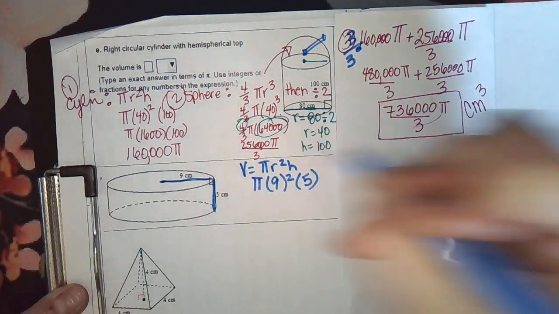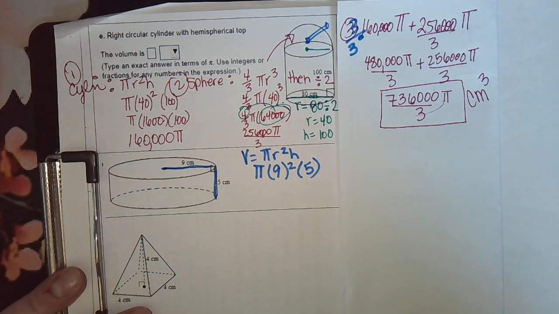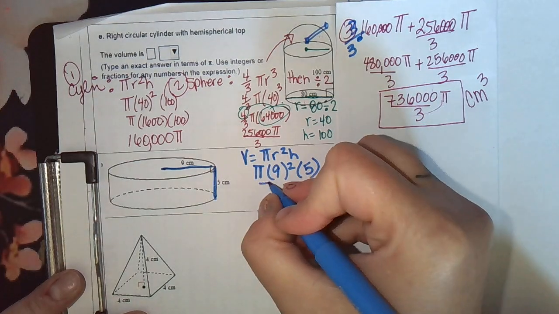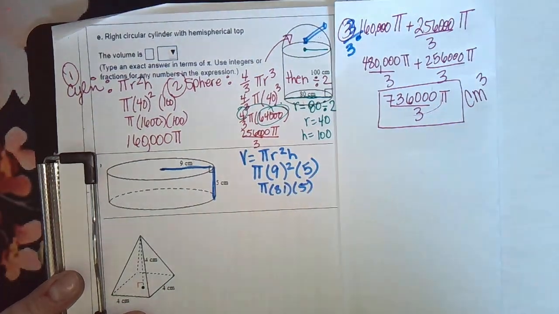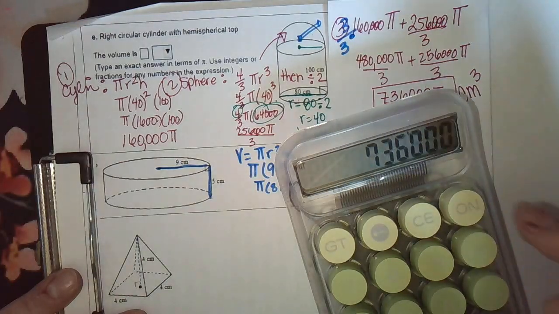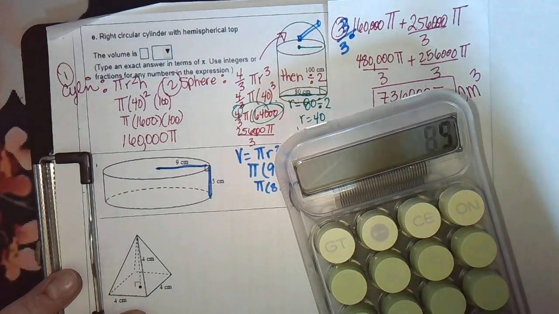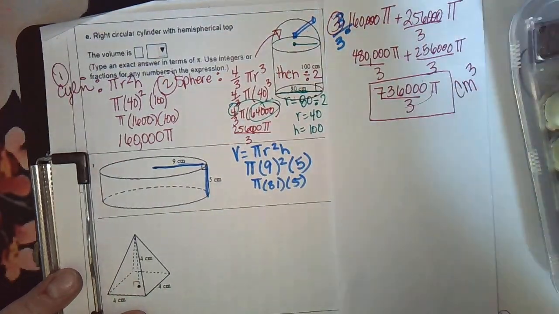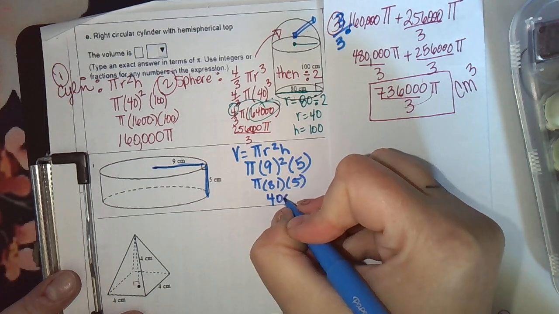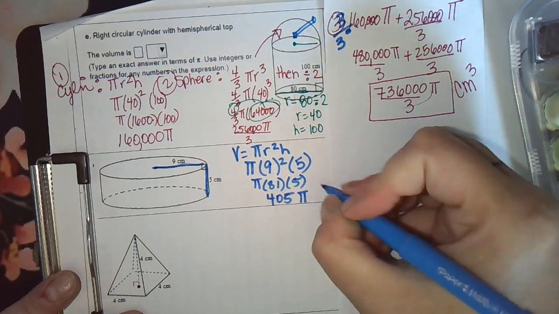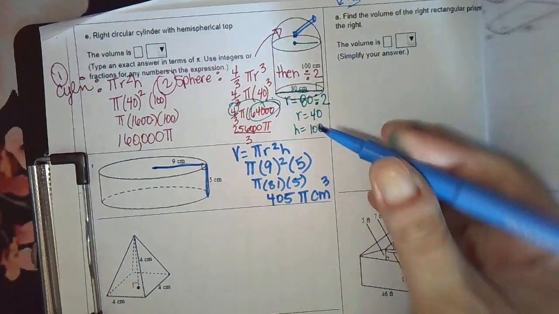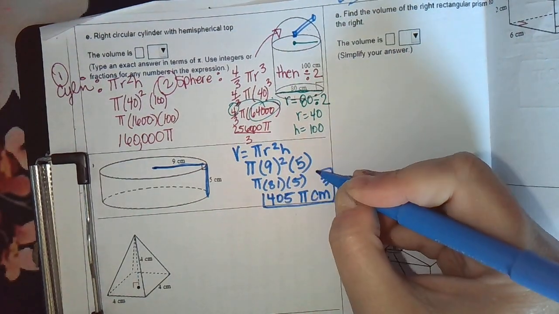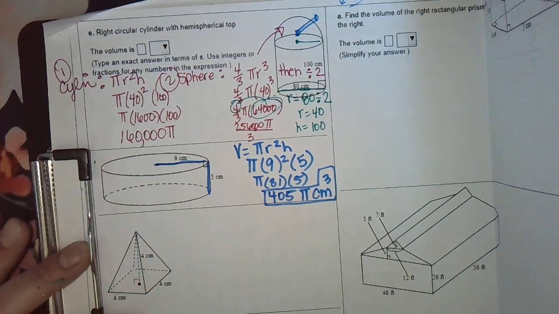And then we slap the pi in front. This is pi times 81 times 5. 81 times 5 is 405. So 405 pi, in centimeters cubed because volume is three-dimensional.